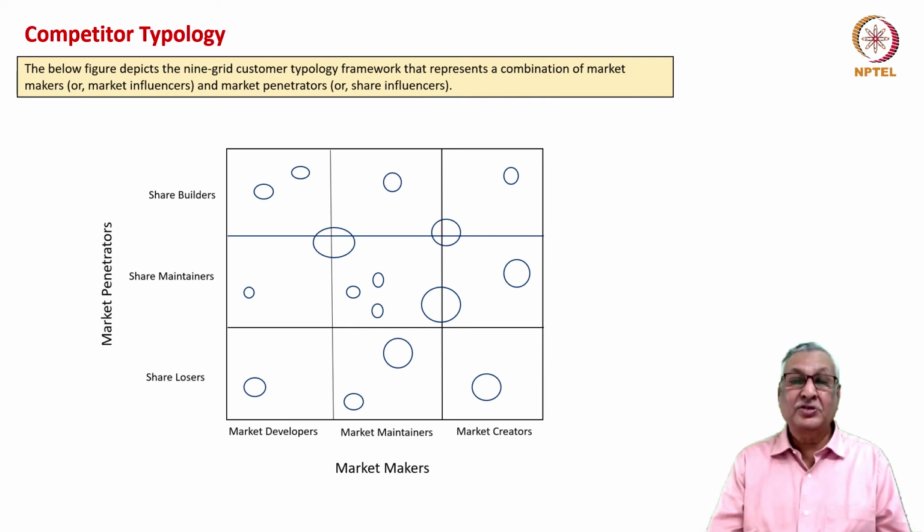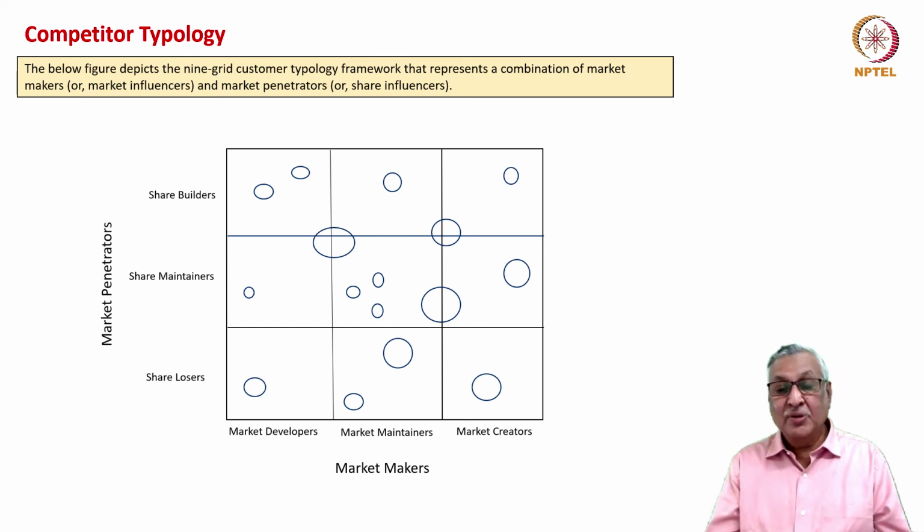Visually we can place companies in any of these grids. That is a company which is a market developer and which is also a share builder. A company which is a market maintainer but is a share builder. And finally, a market creator who is also a share builder. We discussed that the grid of market creation and share building is the most virtuous, most effective and most influential grid.